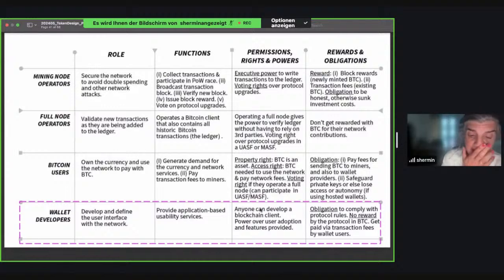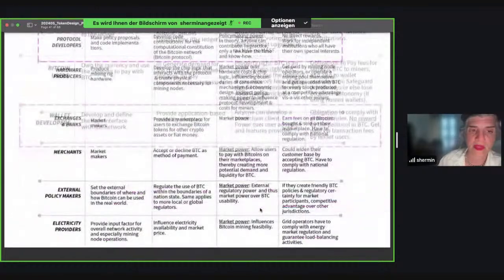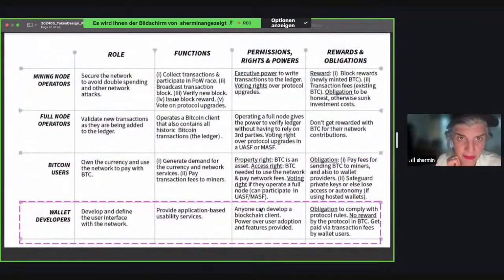No command line, no blockchain code to communicate with the network. So over time, different wallet developers evolved who offered client services to the users. Their role was to develop and define the user interface, and the function is to provide application-based usability services.